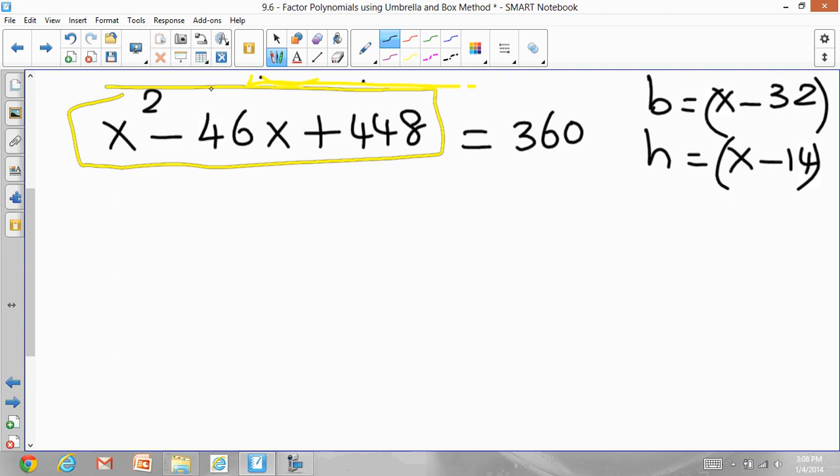Now this is a polynomial. You cannot solve a polynomial unless you have something equal to 0. Keep that in mind. If you want to find the roots of the polynomial, or if you want to solve the polynomial, it should be set to 0.